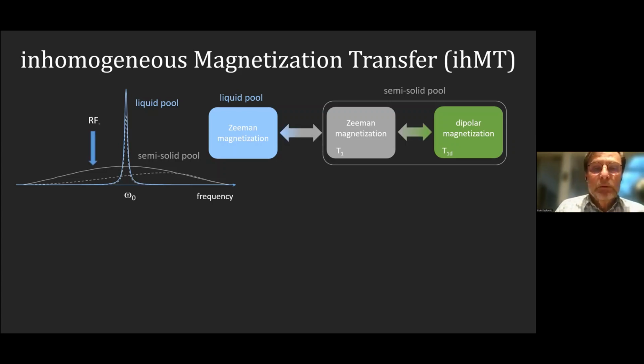And therefore, when we apply the saturation pulse, then the exchange of the magnetization from the semi-solid pool to liquid pool will be affected in a sense that there will be also exchange between the dipolar magnetization and Zeeman magnetization in the semi-solid pool.